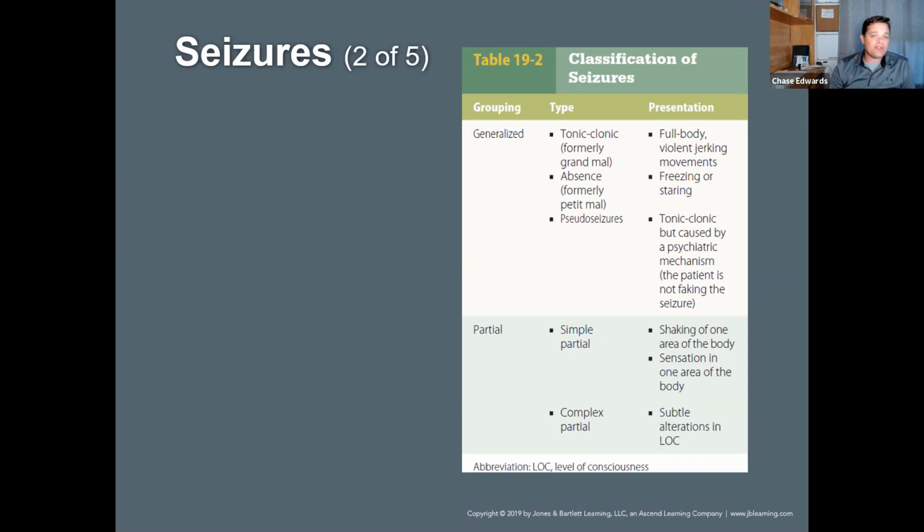You'll also have what's called a complex partial seizure, where you'll see subtle changes in level of consciousness. The patient can become confused, lose alertness. They may have hallucinations or be unable to speak. Their eyes or head may make small movements. The patient usually does not become unresponsive.